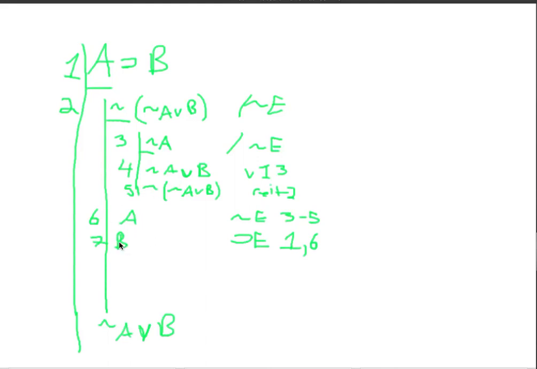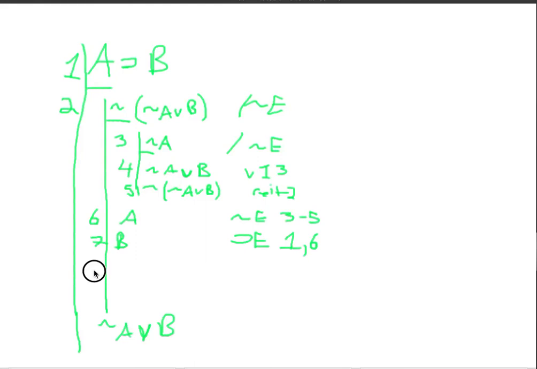Well, notice, now that I have the letter B, I need to see if I can build a sentence that contradicts with either this sentence up here or with this auxiliary assumption here, or anything else really for that matter, but it has to be somewhere along in this scope line where I have to be able to get the contradiction. And you'll notice that, again, this is just a disjunction.